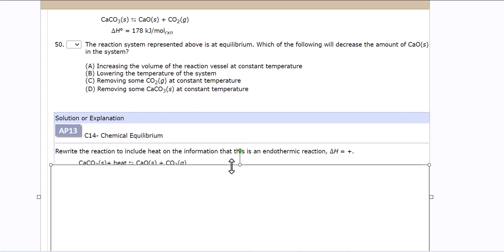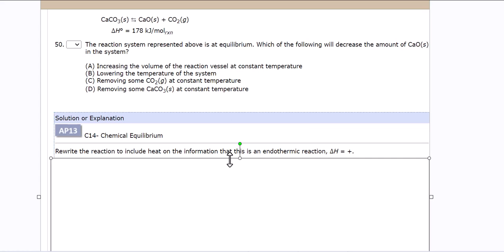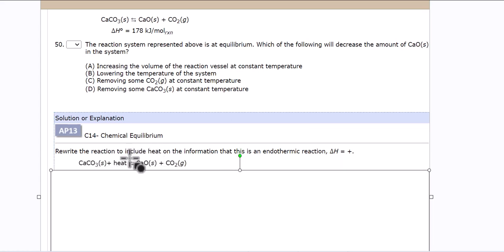And we're going to rewrite the reaction because we want to include all of this stuff. This is an endothermic reaction. We use heat energy to break these bonds, and then these new ones form. These new ones are weaker bonds. They've got more potential of snapping back together.